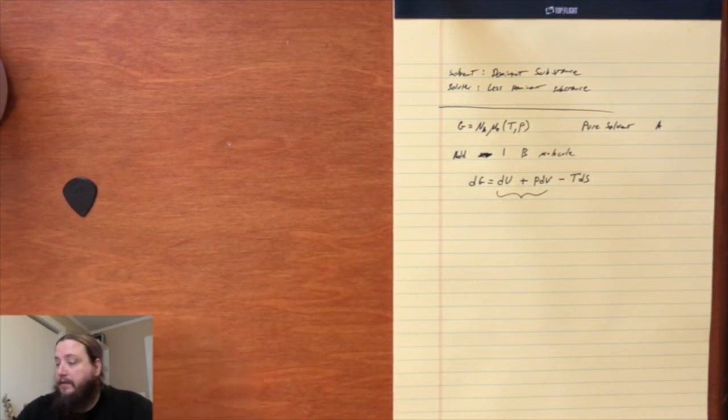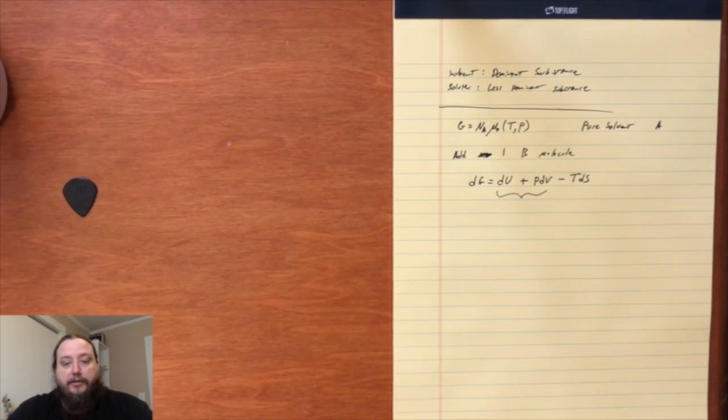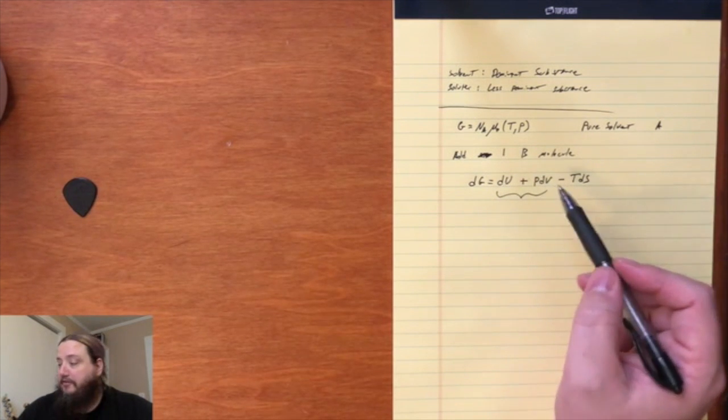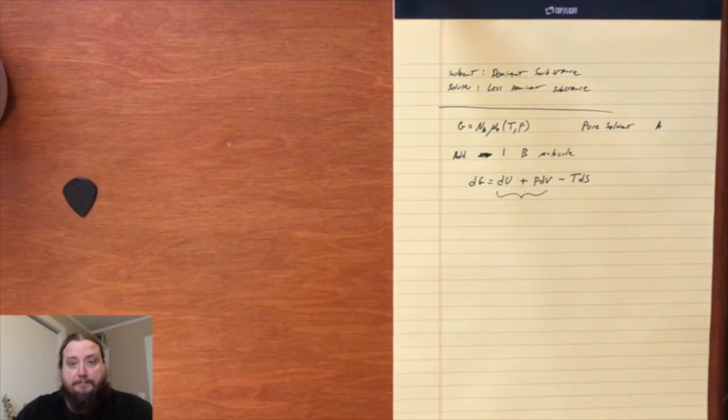We've added one B molecule to this solvent, and so it's only in the region near the B molecule that the solvent will be affected, and so that can change the internal energy of our system. That can change, for instance, the volume of our system or the pressure in our system. But it's not going to depend on how big the system is, how many solvent molecules there are. Again, these interactions only take place over short distances between B and its nearest neighbor.